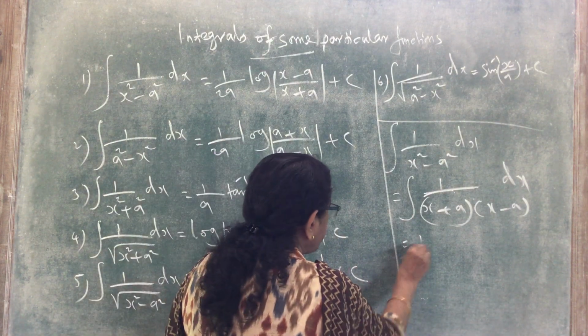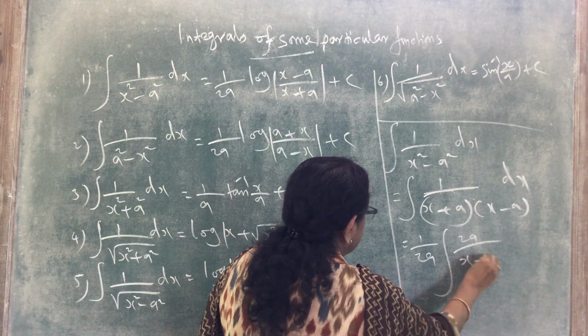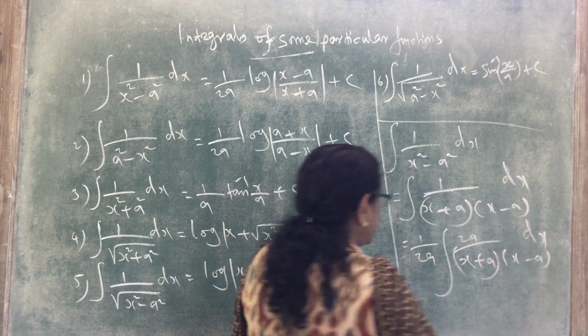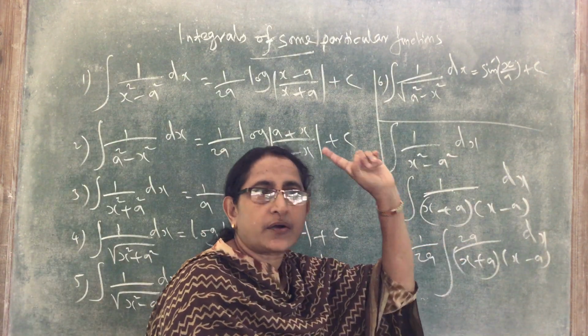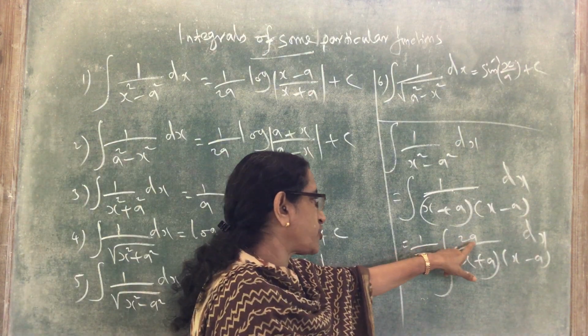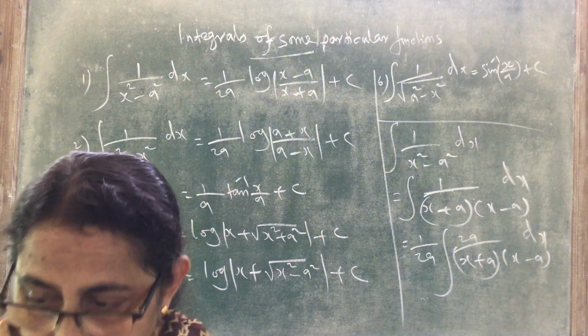That is 1 by 2a into 2a by x plus a into x minus a dx. Then, as we did in that cos x minus b question, instead of 2a we are going to write x plus a minus x minus a.